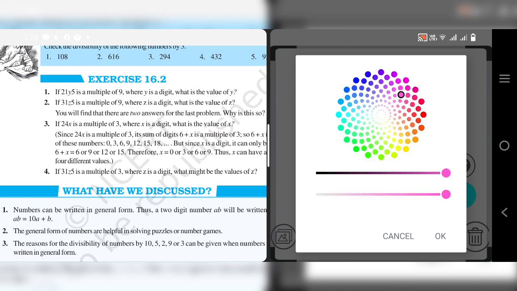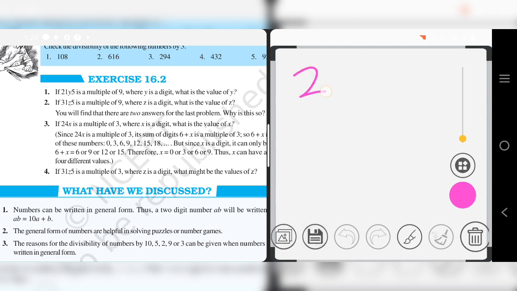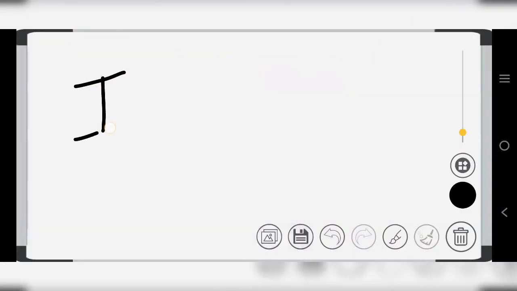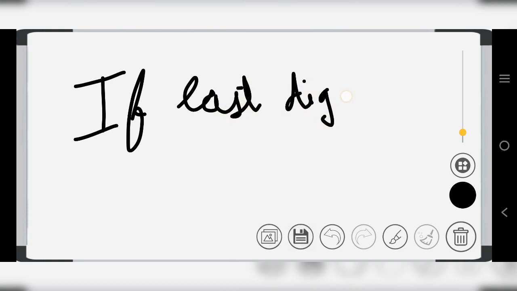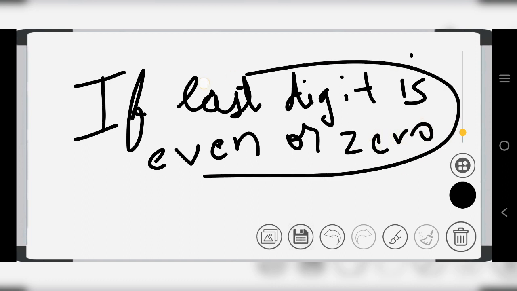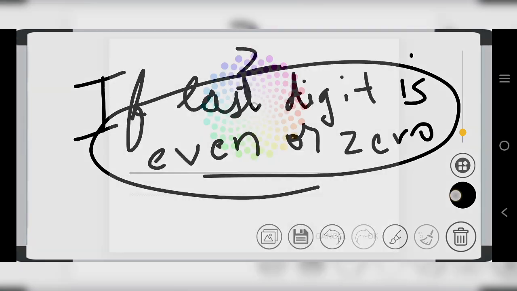Let me take pink. So 2. The divisibility rule for 2 is: if the last digit is even or 0, then it is divisible by 2.